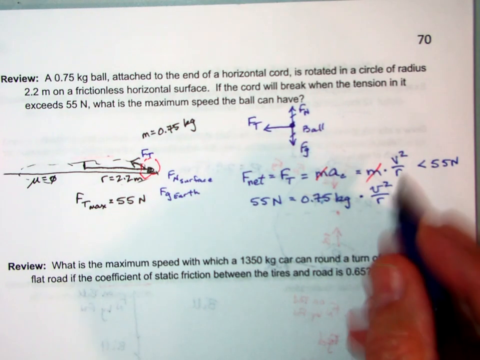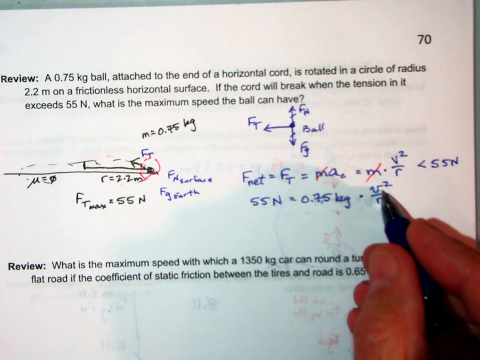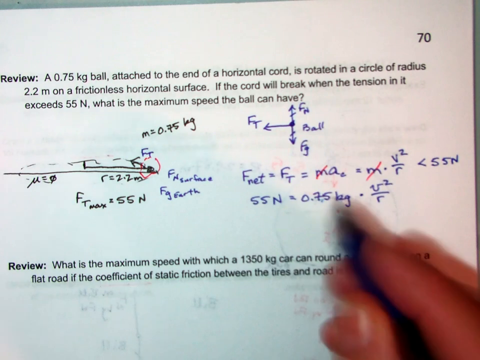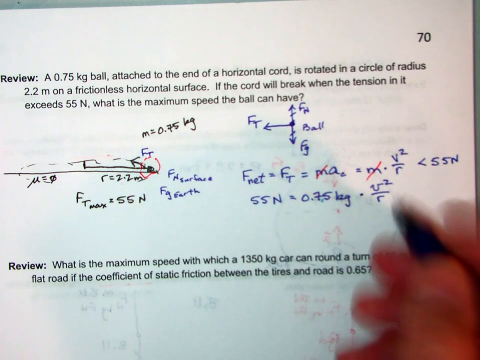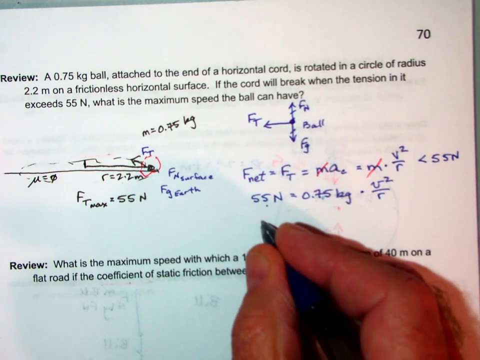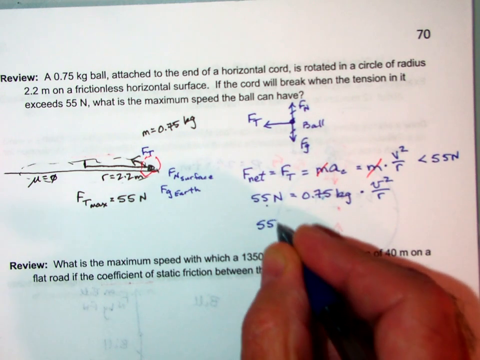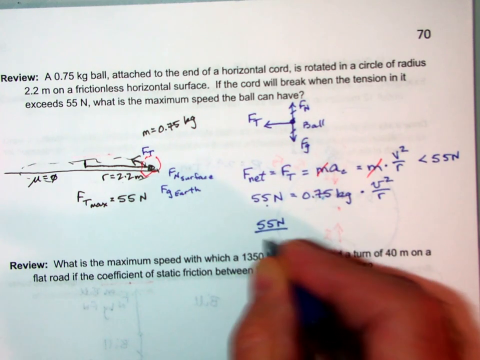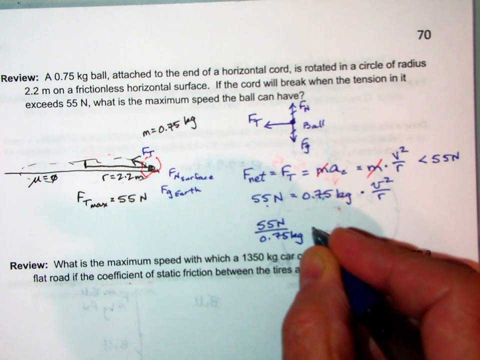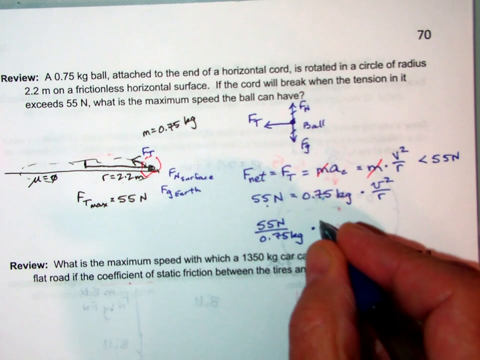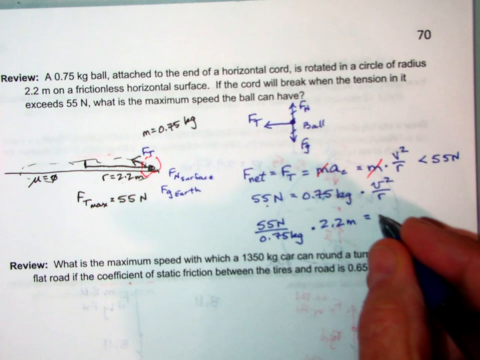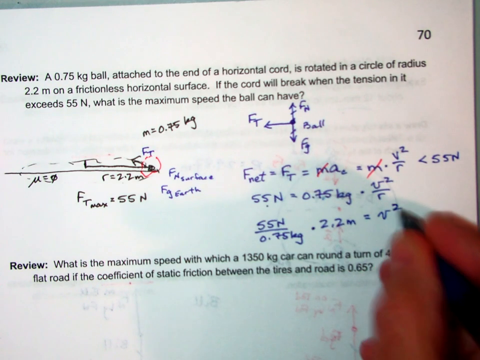And we're trying to find the maximum velocity, the maximum speed that this ball can be rotated without breaking this 55 newtons. So it is 55 newtons divided by 0.75 kilograms times the radius of 2.2 meters is going to be equal to the speed squared.